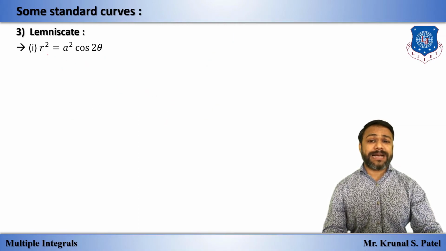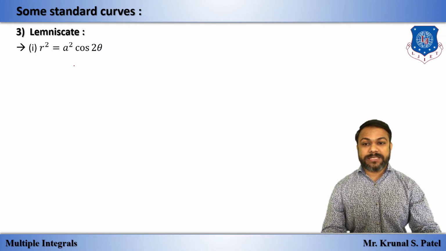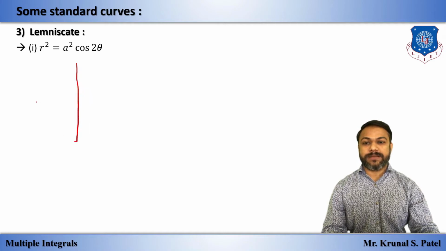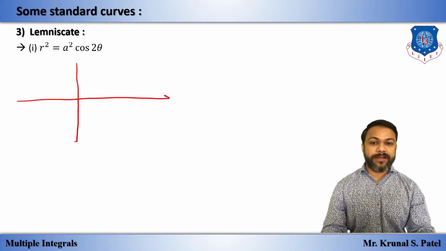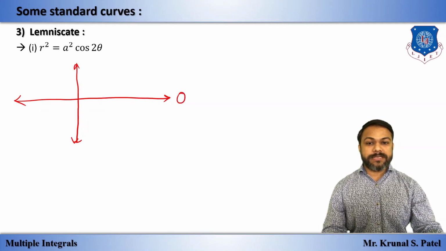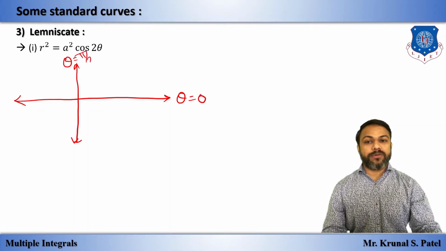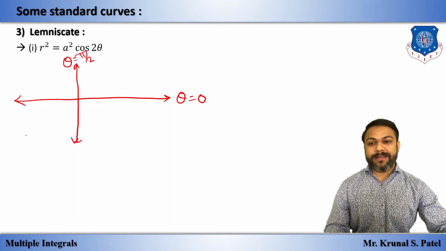The equation of Leibniz cat is r square is equal to a square cos 2 theta, and it is given by a curve like this. The theta is equal to 0, theta is equal to pi by 2. This is our line.